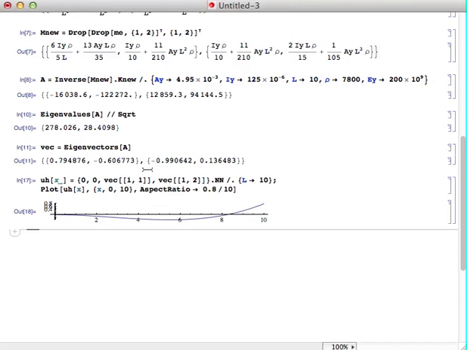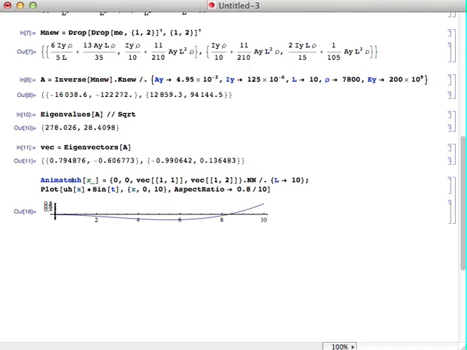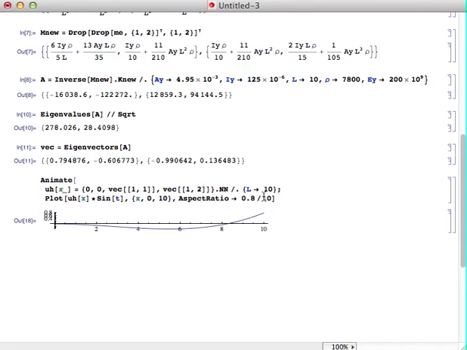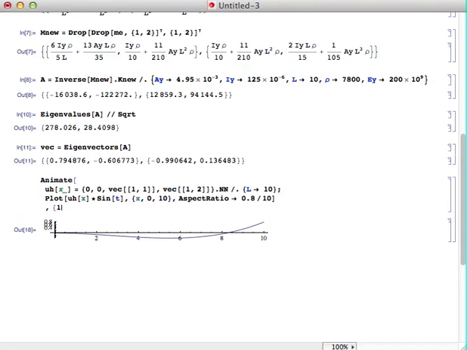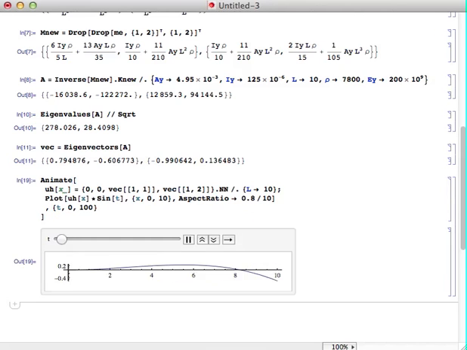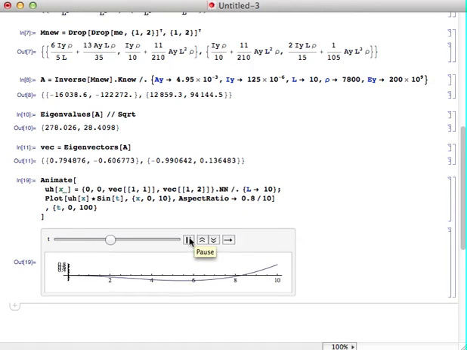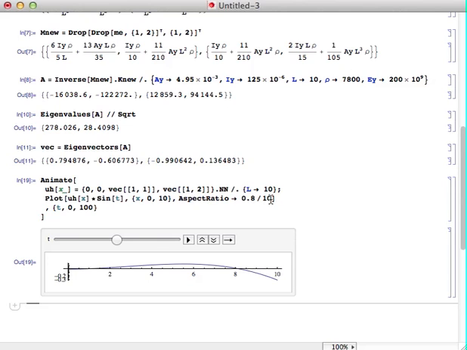And then, just for fun, we could do something like this. And that would work if I'd fixed the plot range.